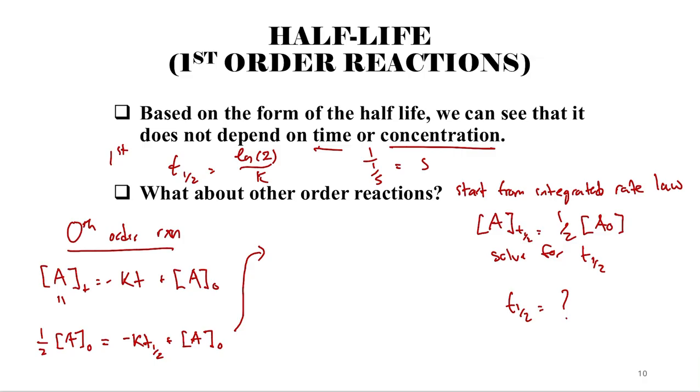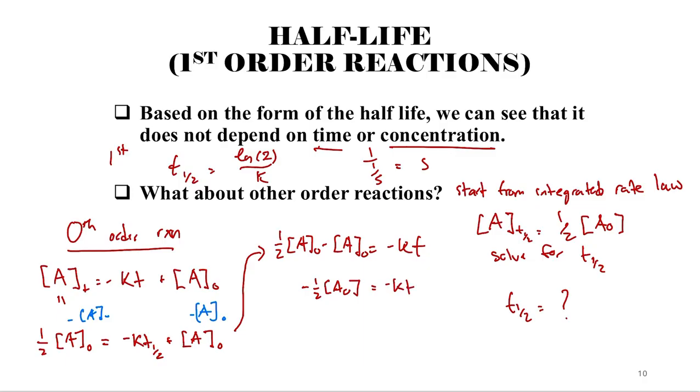Go ahead. Yep, we subtract the initial concentration of A naught from both sides. Right, and so that gives us 1/2 A0 minus A0 equals minus kt, and that simplifies, what does this simplify to? Minus 1/2, right? So this gives us minus 1/2 A0.